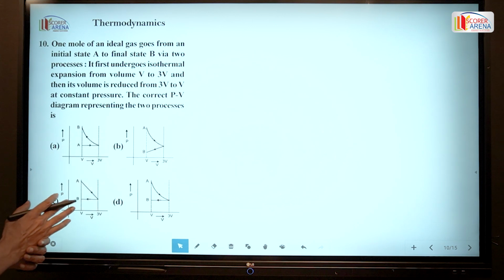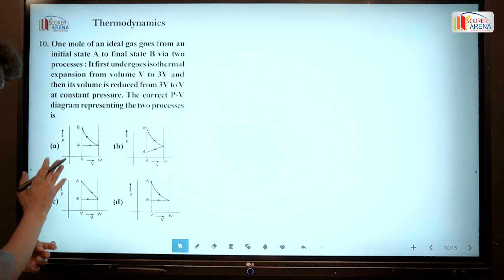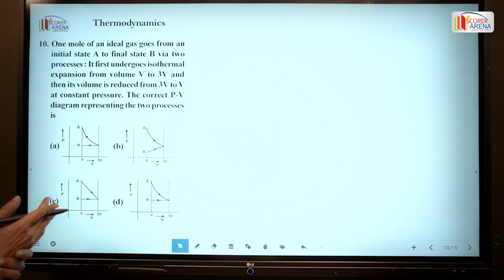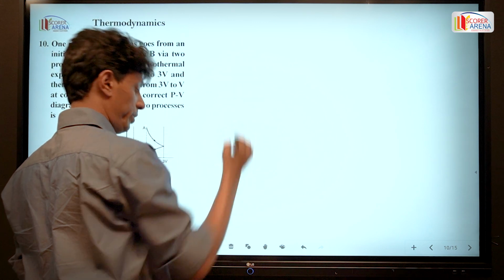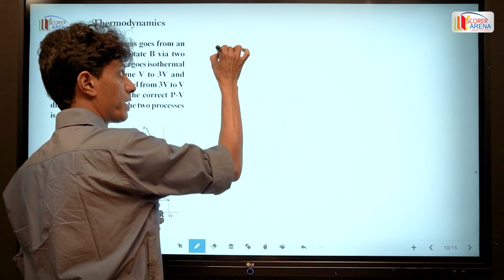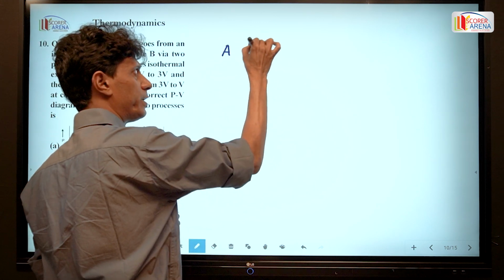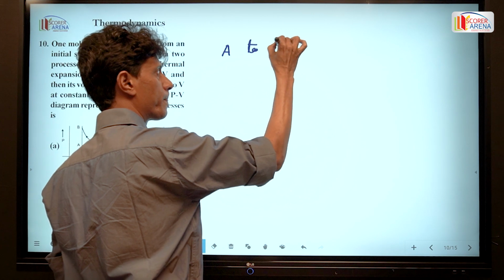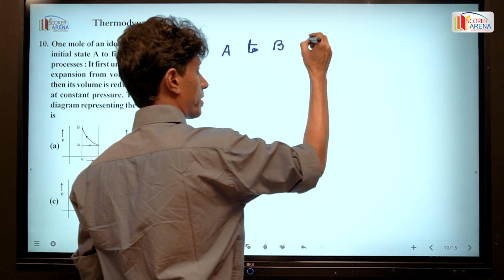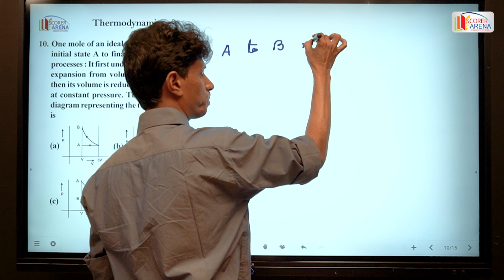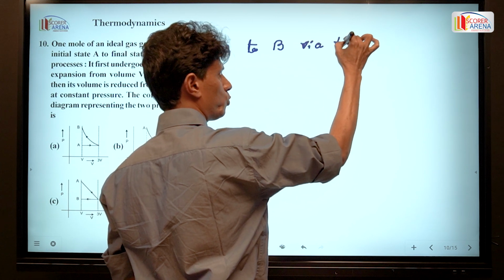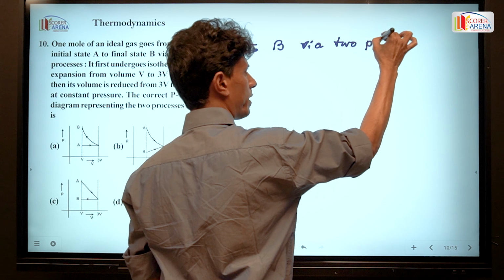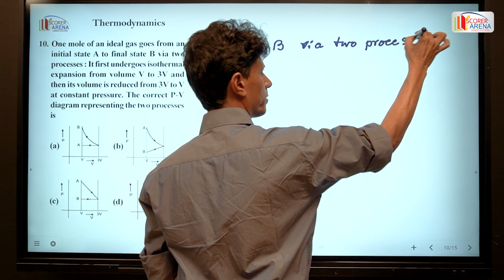Graphical variation of pressure versus volume. Here A to B via two processes.